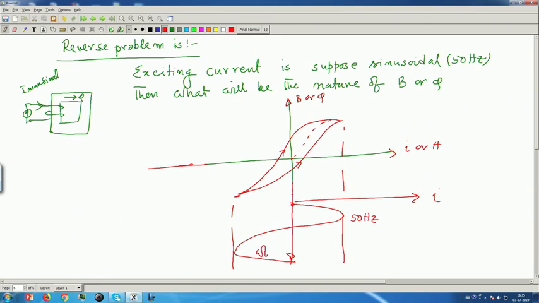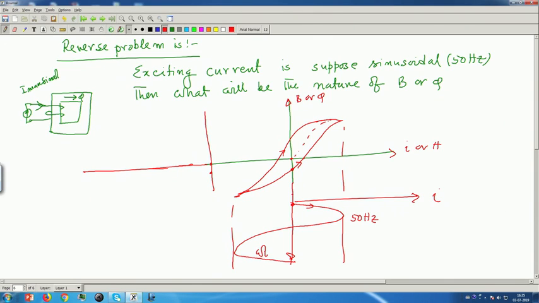Suppose current is 0 and increasing, this point. Current is 0, this is the B produced, not 0. So, B will be some negative value at this time, and I can go for each of the points.